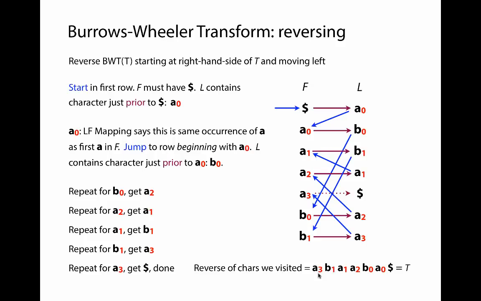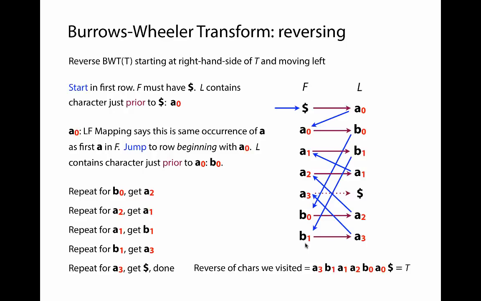Now, it's important to note, what did we actually use while we were going through this process? We used the information in the last column, so we needed all this information, but we only sort of needed the first column.